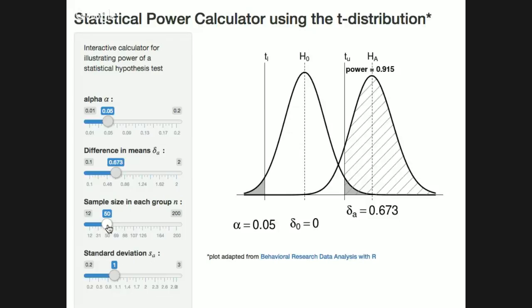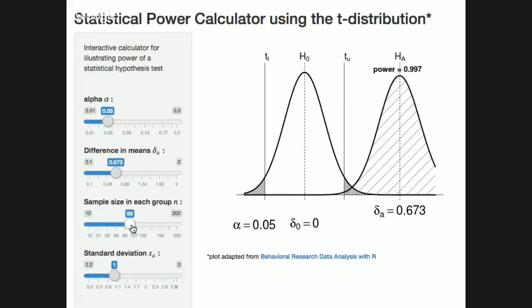Yes, it becomes narrower. If the central limit theorem holds, then it changes by 1 over the square root of n. Even if it's a t distribution and not the central limit theorem, it will still become narrower. Let me take this up to 100.